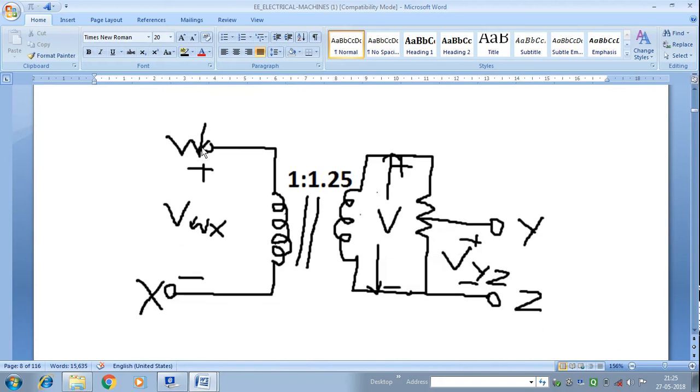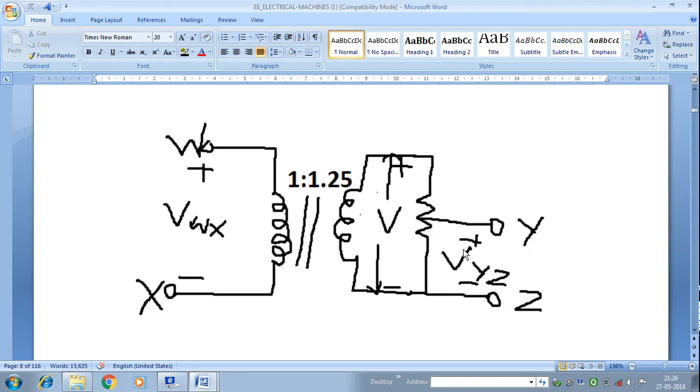So here we have supplied VWX, then here we are getting output voltage V, then we are taking the output voltage through a tapping, that is your YZ.